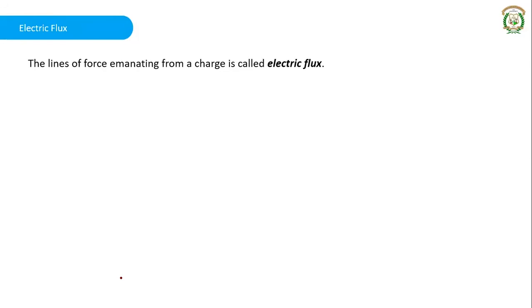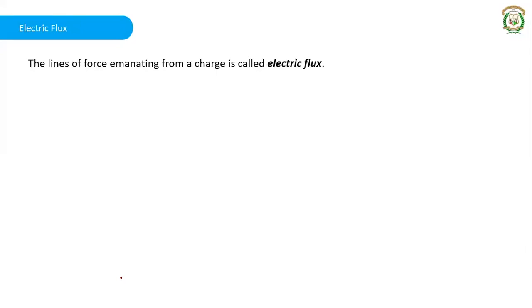The lines of force in the sense, whenever we consider a charge, say a point charge for example, it exerts some force on any other charge which is placed near to that, right? So when there is a force, it is indicated using some lines of force while we represent them. Those lines of force depend on what type of charge it is, right?